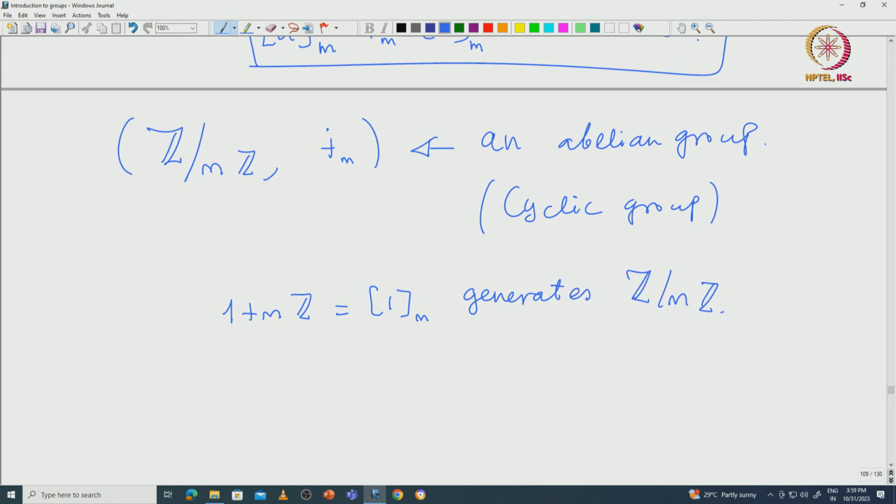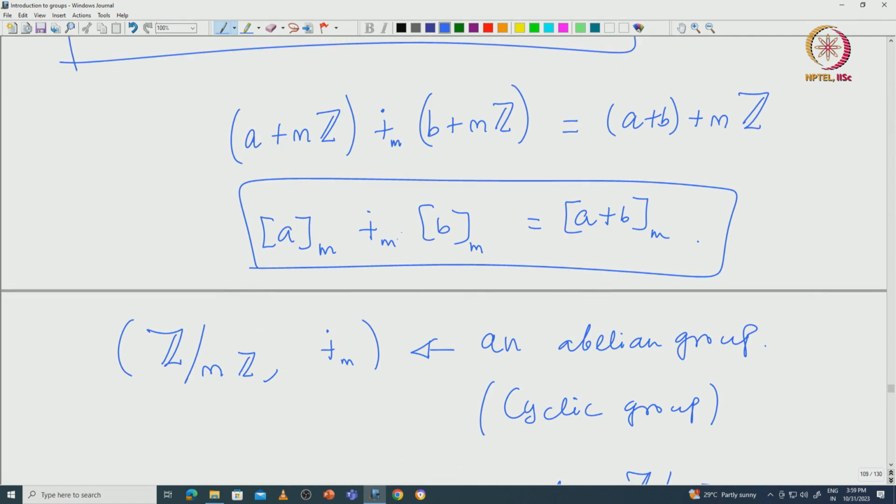I will leave it to you to check that this forms an abelian group. Basically, you have to prove that this addition is well defined, which we already proved, because this addition is inherited from the addition on integers. So it will satisfy associativity and commutativity for free.